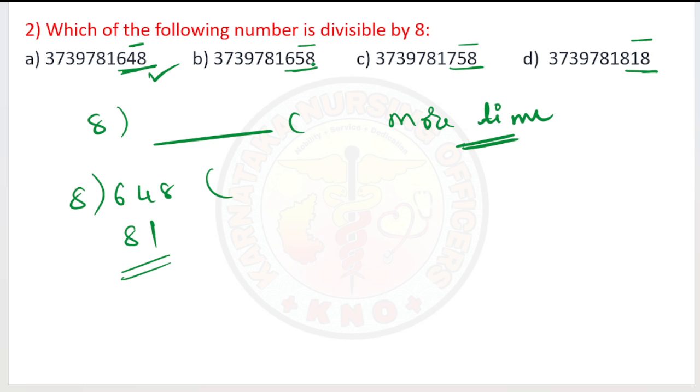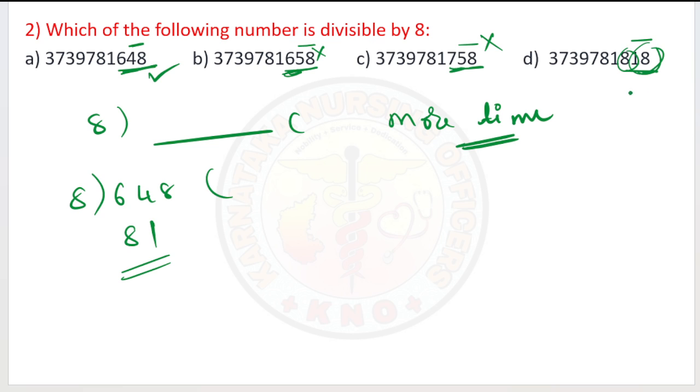And for rechecking, let's see option B, option C and option D. Is 658 divisible by 8? No, there is no 65 in the 8 table. And 758? No, there is no 75 in the 8 table. This is not divisible by 8. And 818? So 8 is there in the 8 table, but is there any 18 in the 8 table?